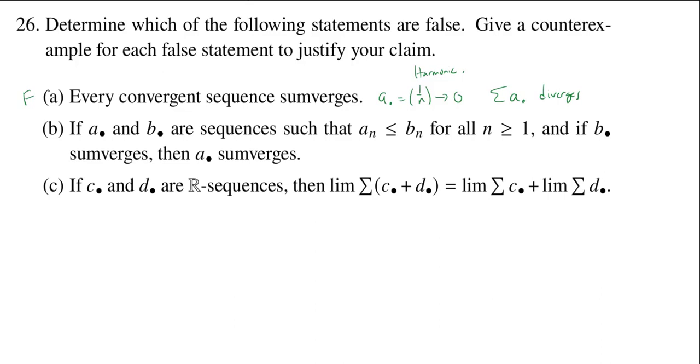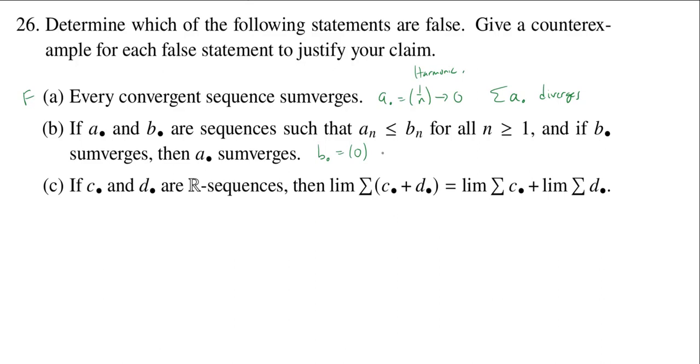Yeah, this sounds a lot like the comparison test, but there's this little problem. The comparison test assumes that each of the sequences you're dealing with is non-negative. And we haven't assumed that these things are non-negative. So in fact, what if I let my B just be the 0 sequence?